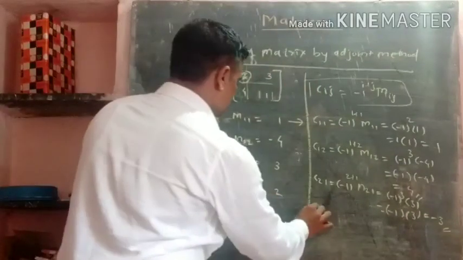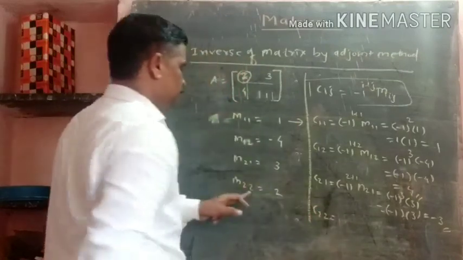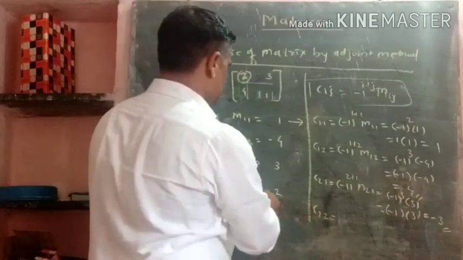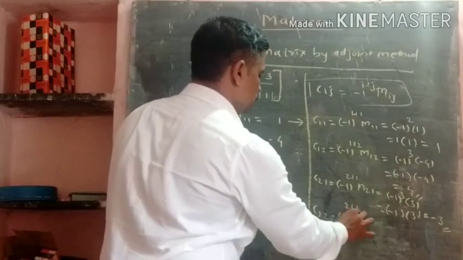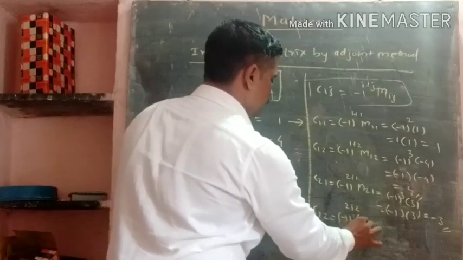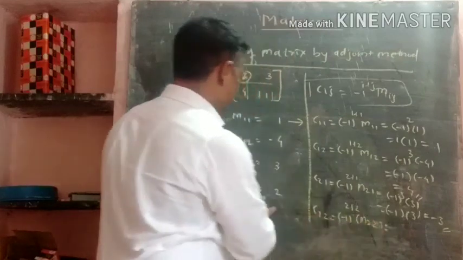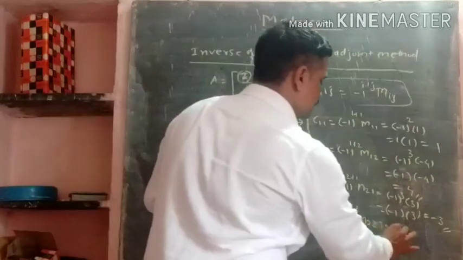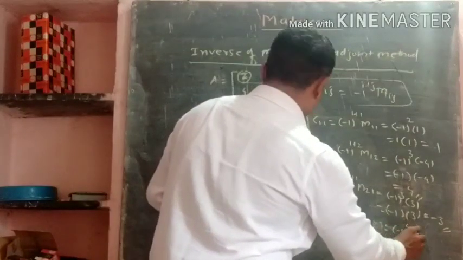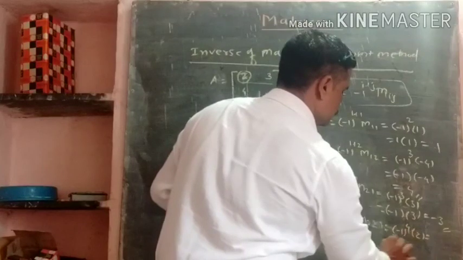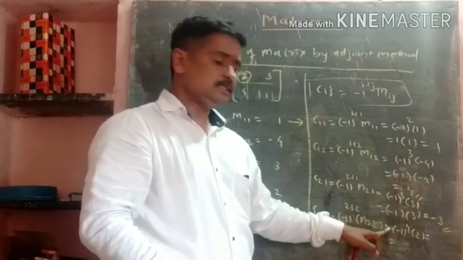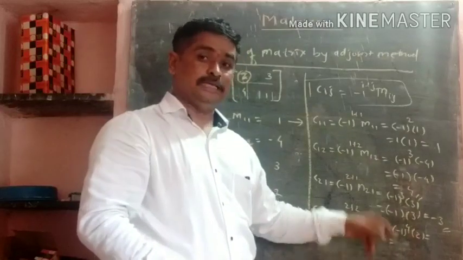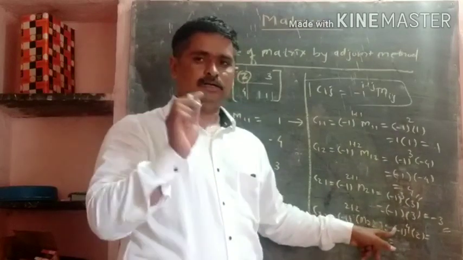Again, last, C22 equals minus 1 raised to 2 plus 2 into M22, which has value 2. So minus 1 raised to 4 into 2. Minus 1 raised to 4 is positive, because the power is even.